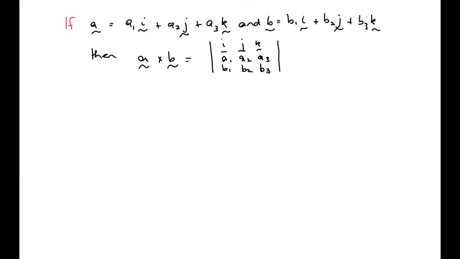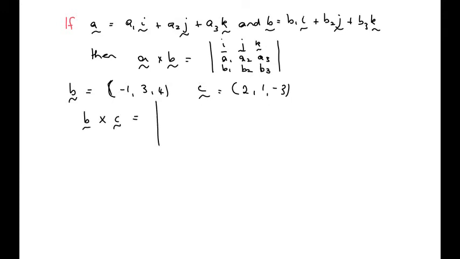For example, if B is equal to -1, 3, and 4, and C is equal to 2, 1, and -3, then B cross C is going to be the determinant of -1, 3, 4, 2, 1, -3, and we can work that out.